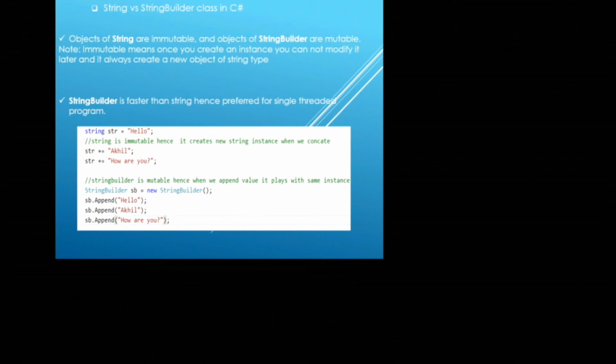String builder is mutable. Due to its mutable nature, it's faster than string. Let's see that in picture.